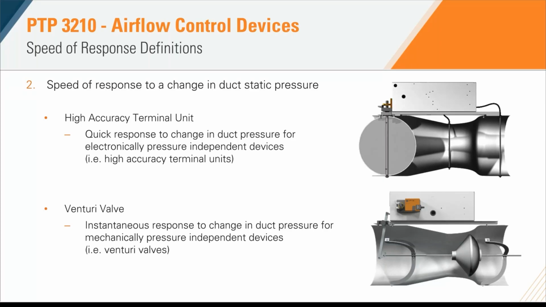You have the ability to adjust some parameters to speed up that response if need be. But a Venturi valve will always respond instantaneously to changes in duct pressure, since it's mechanically pressure independent. So a Venturi valve, out of the box, will always operate instantaneously to those duct pressure fluctuations.